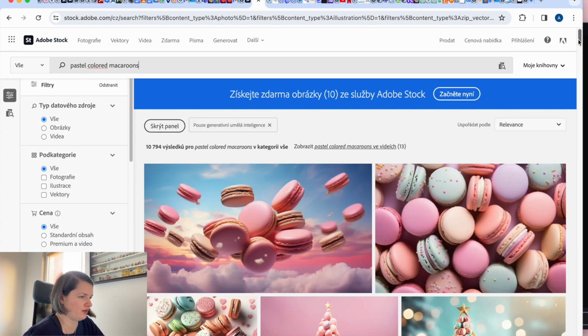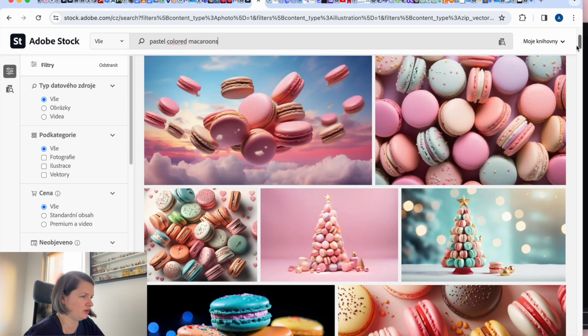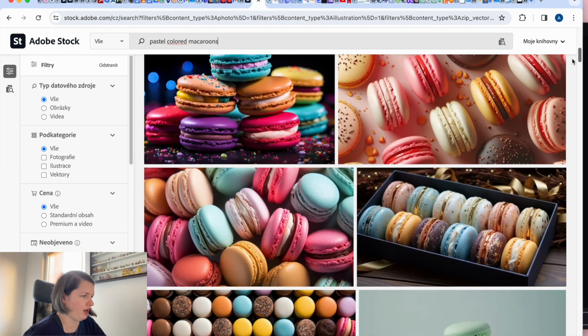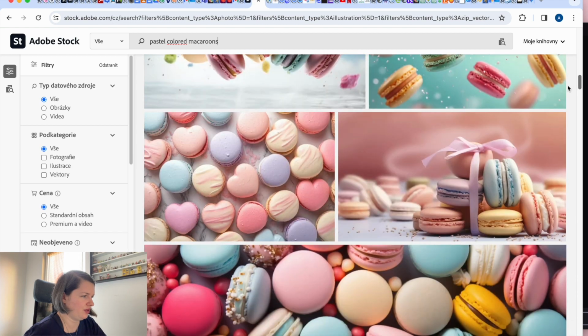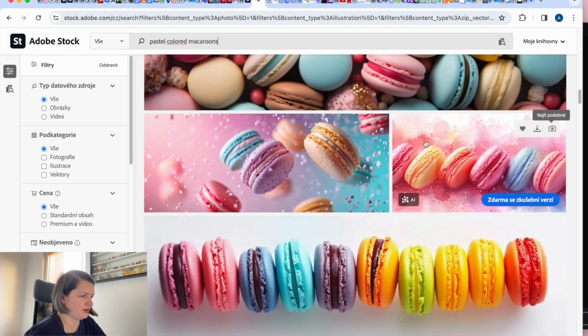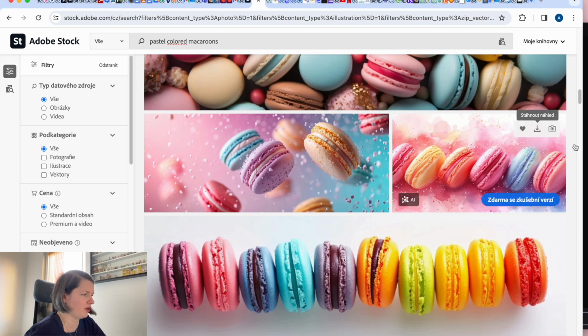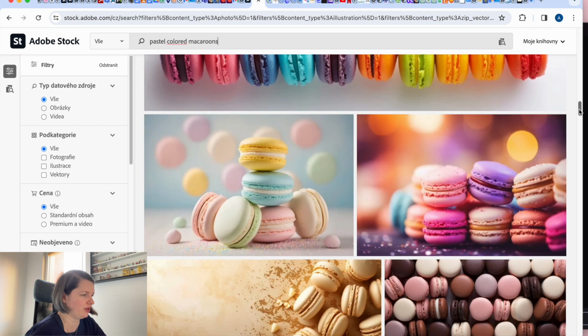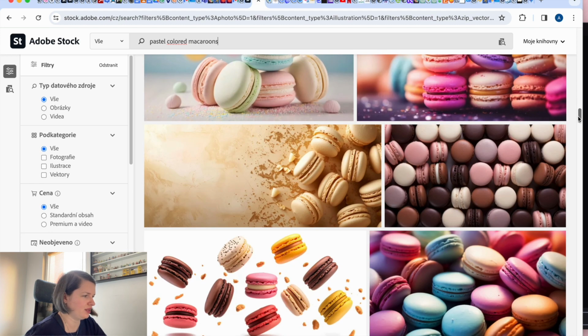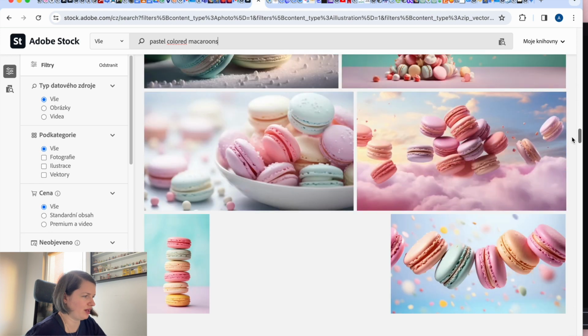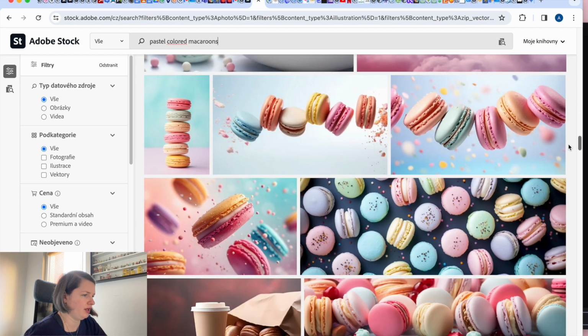There are like 10,000 pastel colored macaroon images here, and you can see what they look like, and I think it's a better idea for them to really look like macaroons. There is a bigger probability that it will then in fact sell.